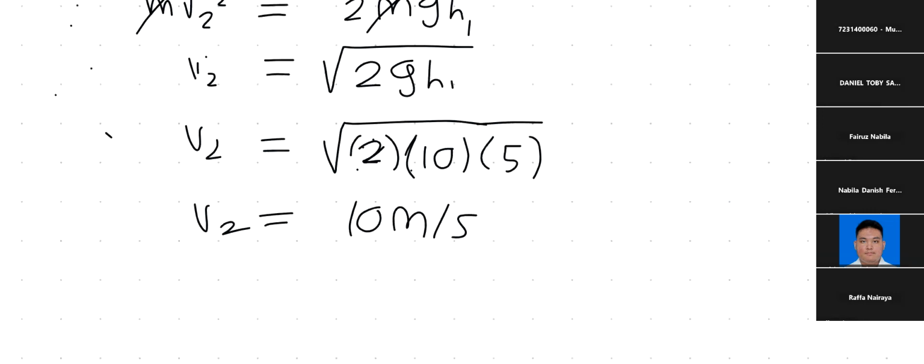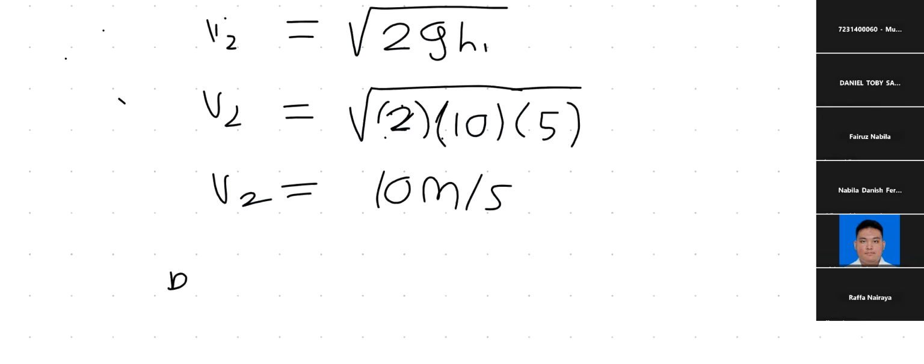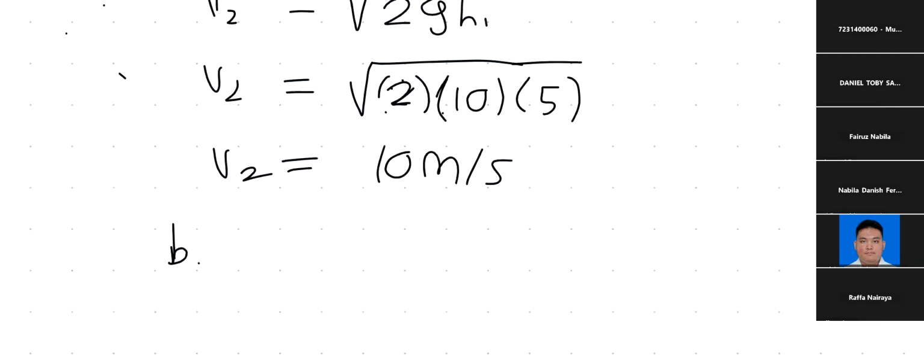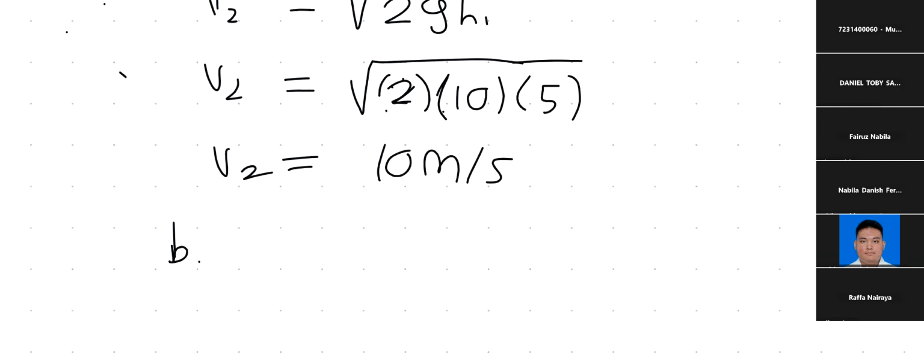Okay. Now for point B, it's asking for the compression of X. Now in point B, there's going to be energy conversion. The kinetic energy is going to be converted into spring energy. And those values are going to be equal.